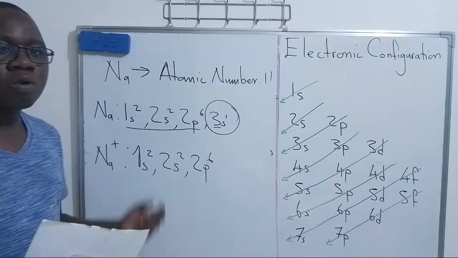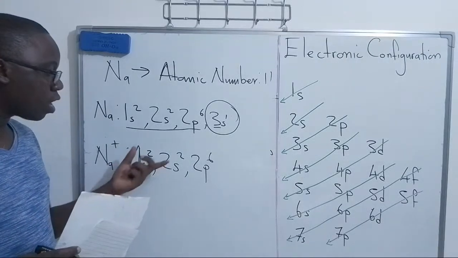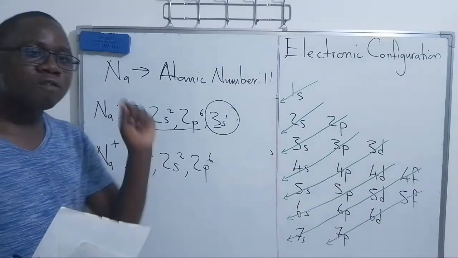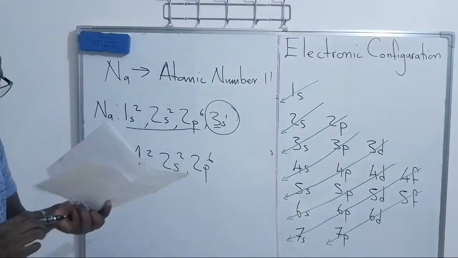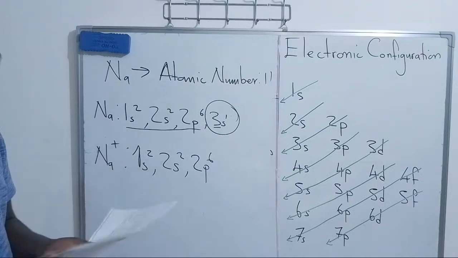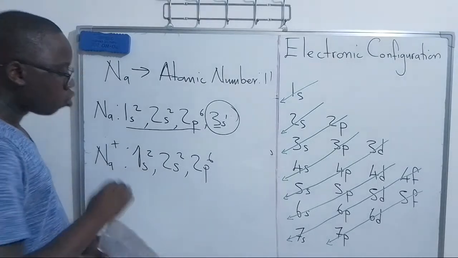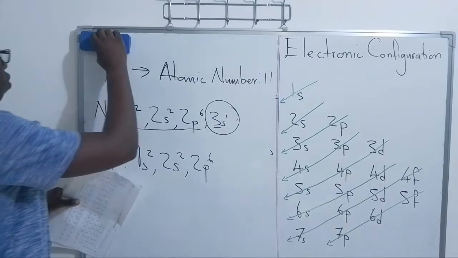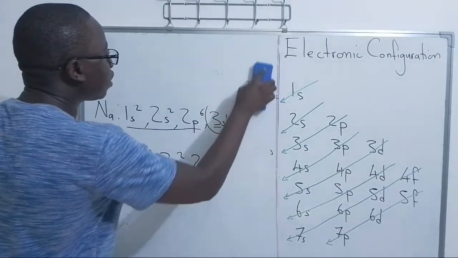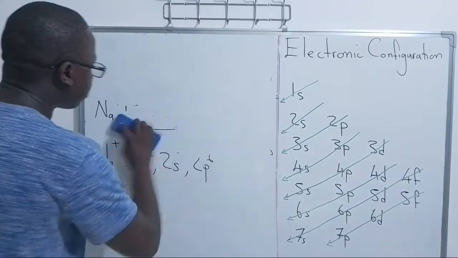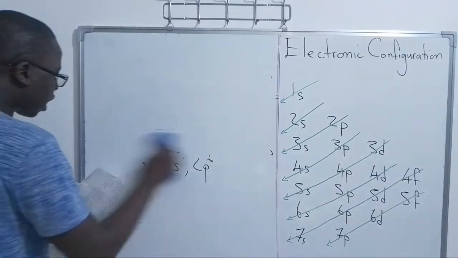And when they are stable, they form the electronic configuration of a noble gas. Remember, noble gases are in group 8 of the periodic table. So this is how we can form the electronic configuration of sodium, and we have learned certain details on sodium there. Let's look at another example.